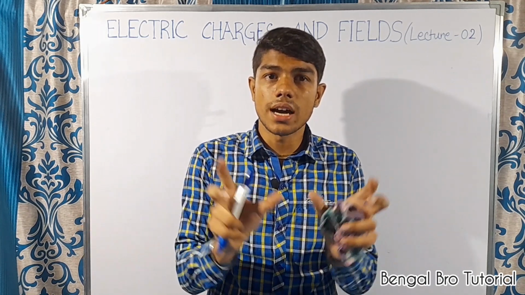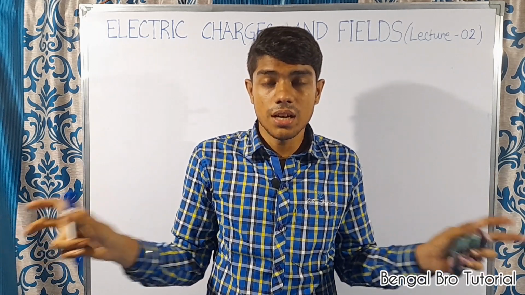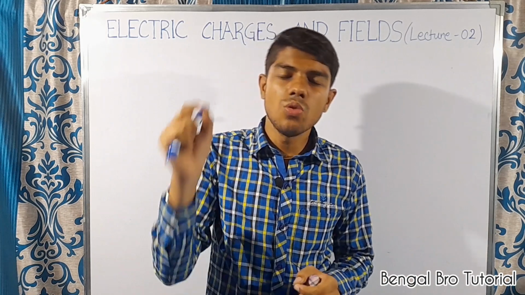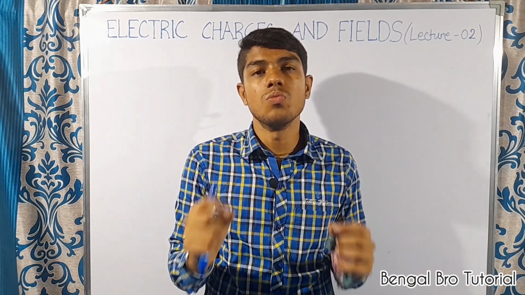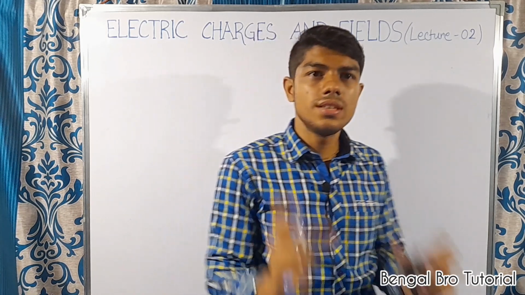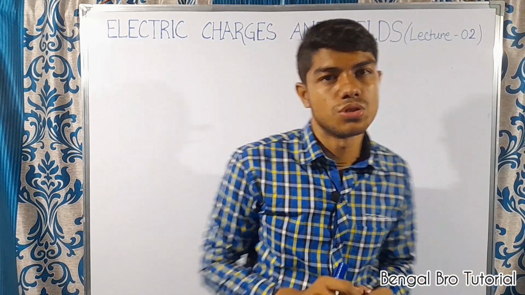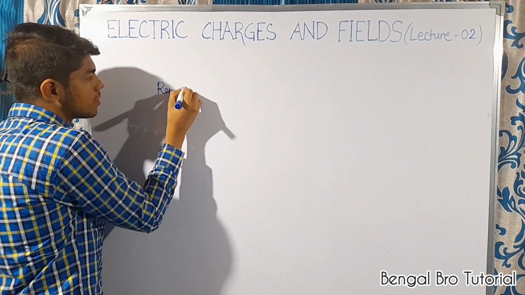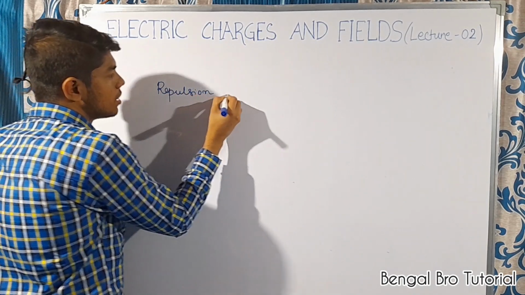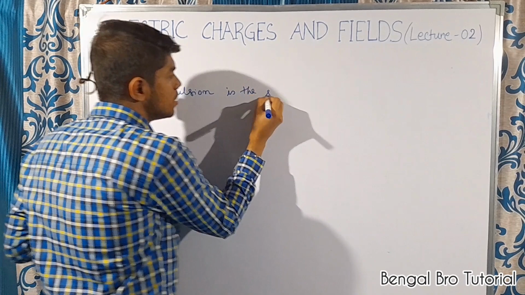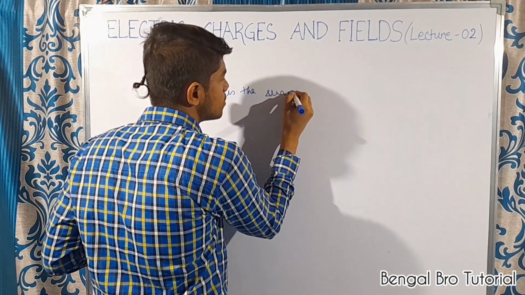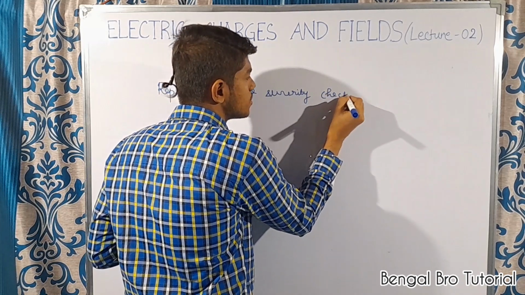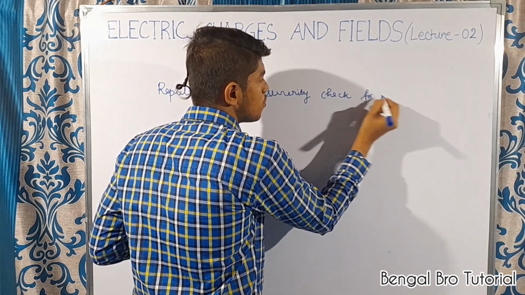If two bodies are repelling from each other, that means you are 100% sure that the two bodies are charged. This is the important conclusion, that repulsion is the surety check for charge.